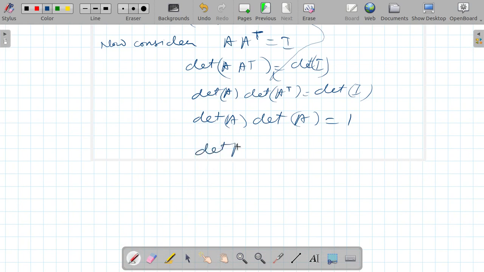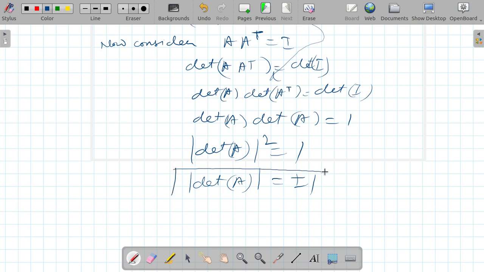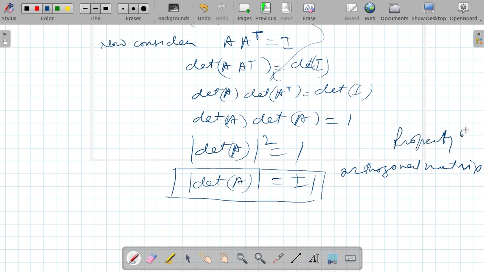That means determinant of A squared is equal to 1, so determinant of A is equal to plus or minus 1. This is another property of an orthogonal matrix, right?